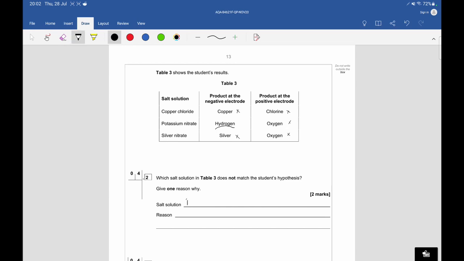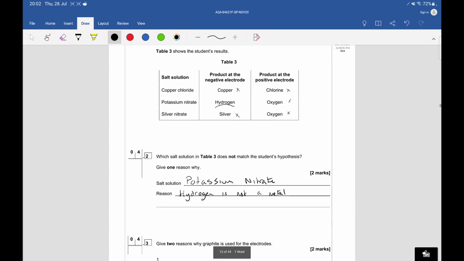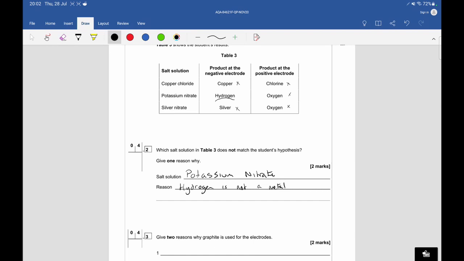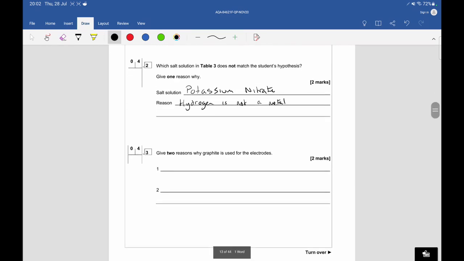So our salt is potassium nitrate, and the reason why that is because hydrogen is not a metal. You could also say hydrogen is a gas, so you wouldn't see the solid forming. It's also fine as well.